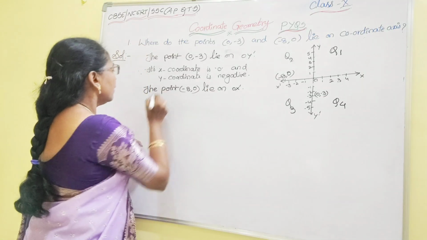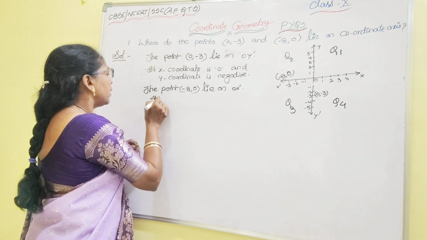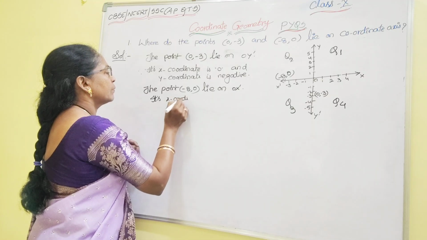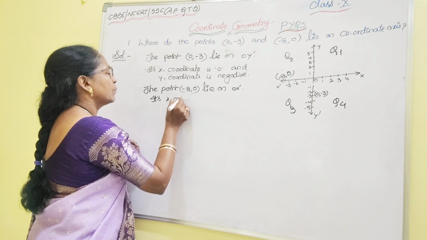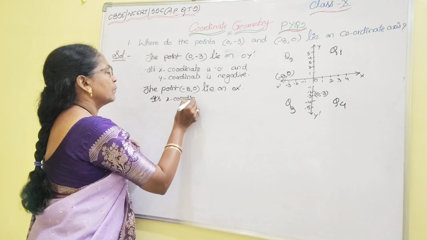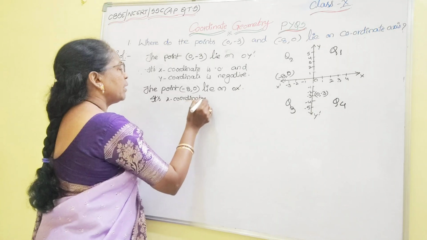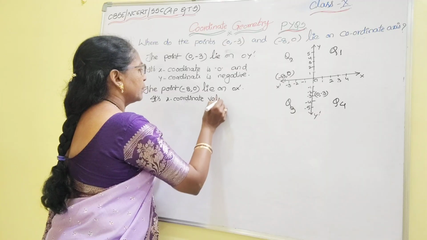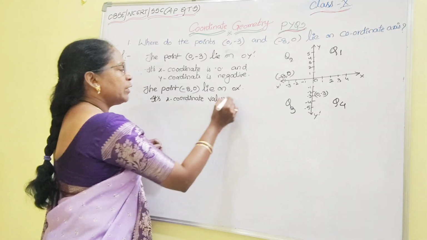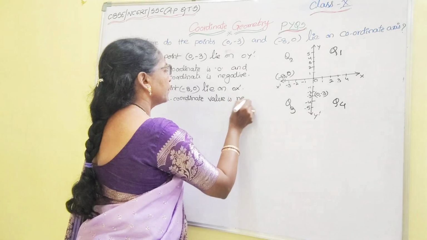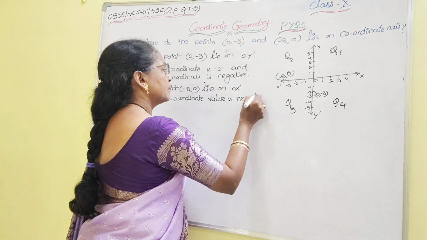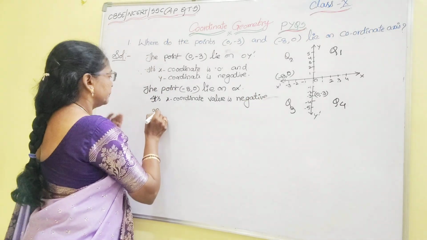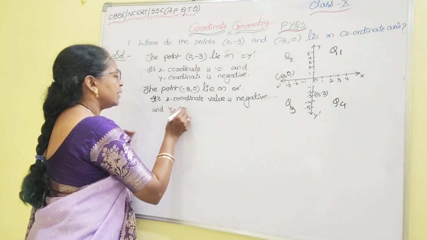Next. Here its quadrant, x quadrant. x coordinate value is negative and y coordinate value is 0.